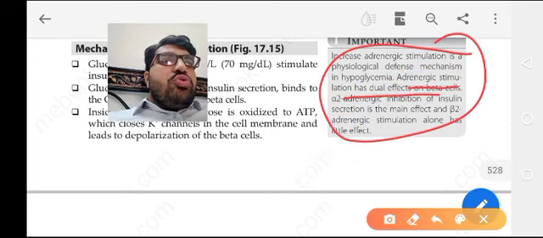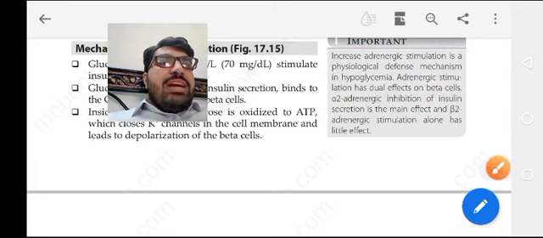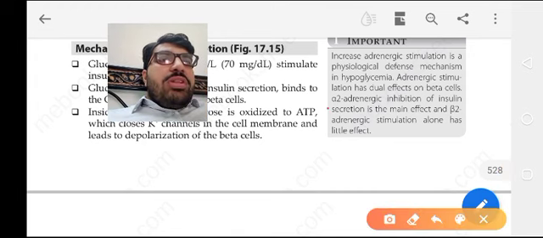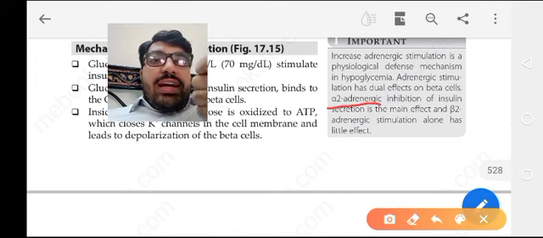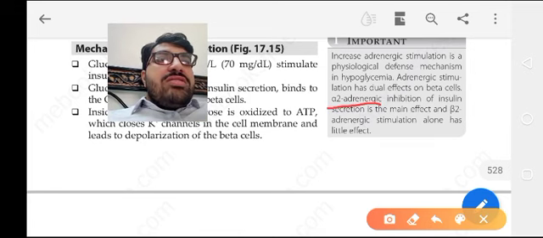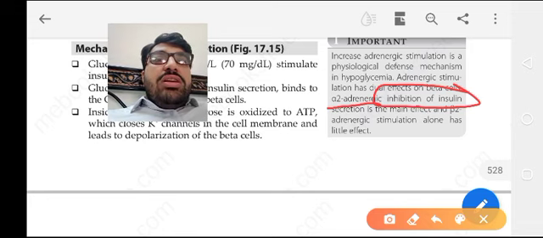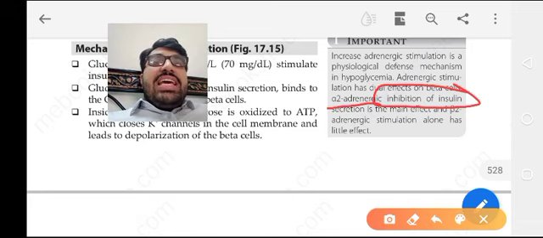Adrenergic stimulation has dual effect on beta cell, that is the alpha 2 adrenergic inhibition of insulin. Whenever the alpha 2 adrenergic receptors are stimulated, it causes inhibition of insulin, and when the beta 2 are stimulated, it releases insulin, but the release of insulin due to beta 2 receptor agonist is less as compared to the insulin inhibition by the alpha receptor.